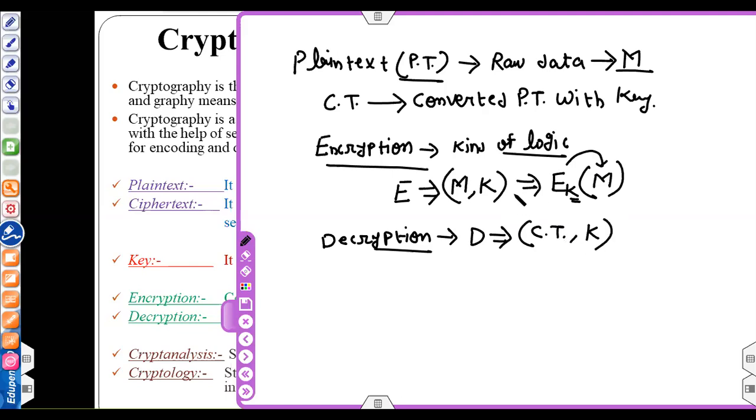I am writing the key in the same color. It means the same key we are using for encryption as well as decryption, and such a logic or technique is called a symmetric encryption key scheme. Other than this, there is another kind of key scheme that we will discuss in later lecture sessions, called the public key scheme, in which a pair of keys is used, one key for encryption and another key for decryption.